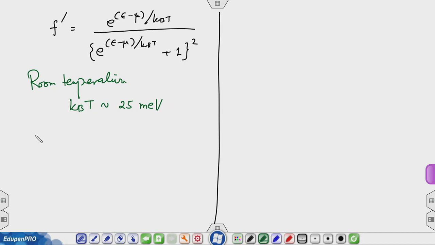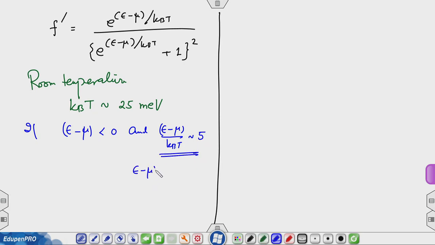So if epsilon minus mu over kBT is of the order of 5, implying that epsilon minus mu is of the order of 125 meV, then f prime would be equal to e raised to minus 5 for epsilon less than mu, and again e raised to minus 5 for epsilon greater than mu.